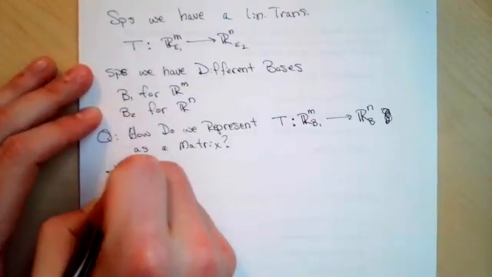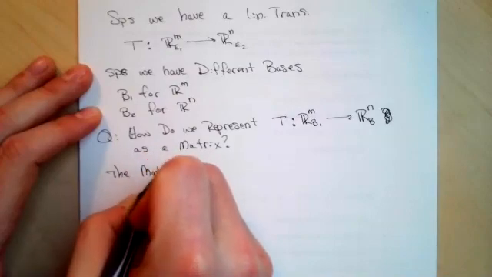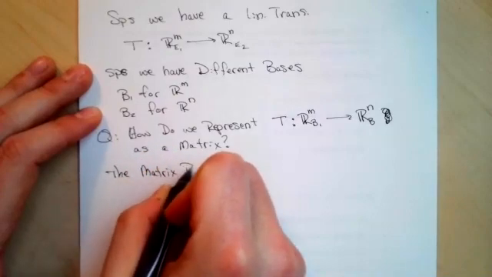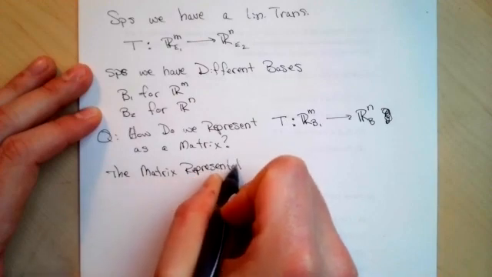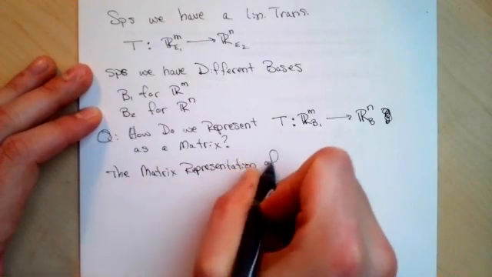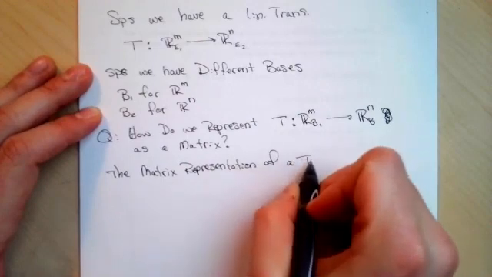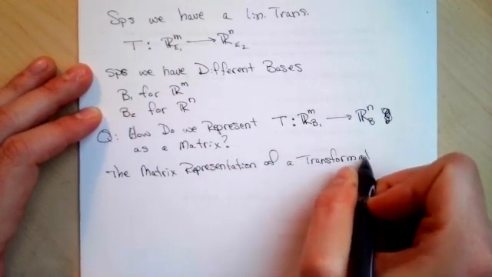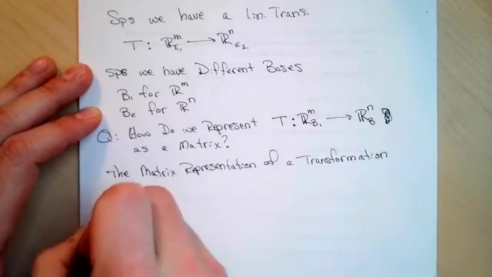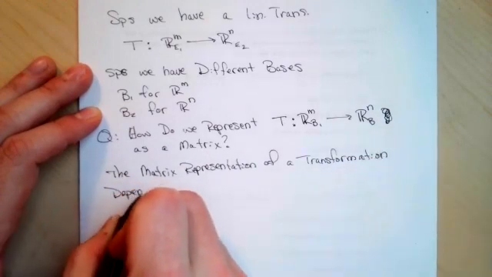So the matrix representation of a transformation depends on the basis.